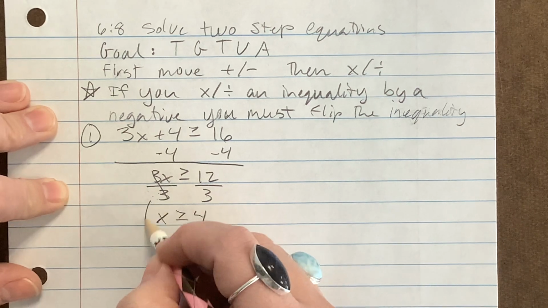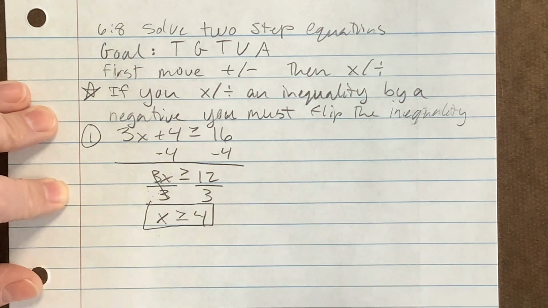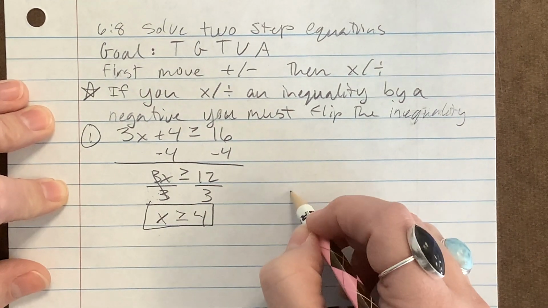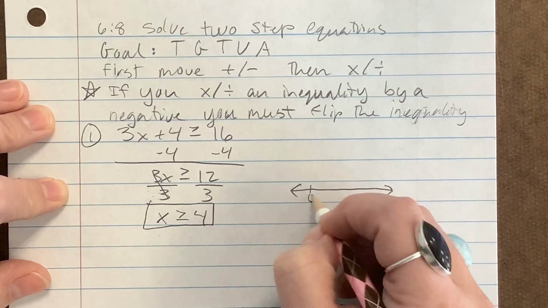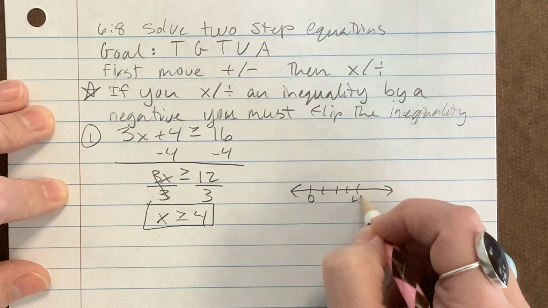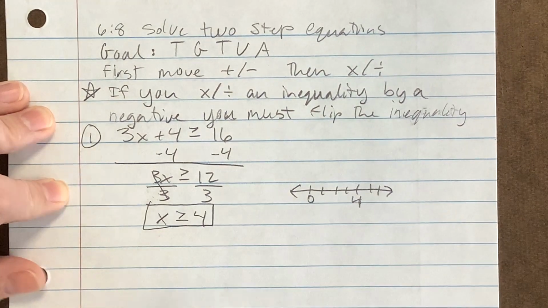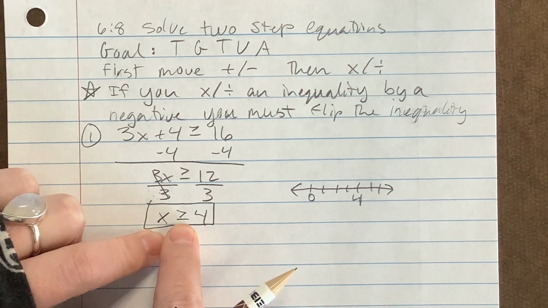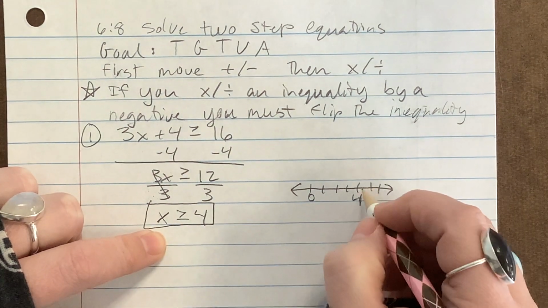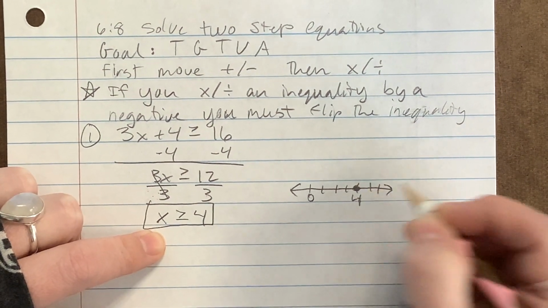And then just because we like to graph our inequalities, because it gives us a nice visual of what it means. First of all, is it going to be an open or a closed dot? Because it's or equal to, it's going to be filled in.